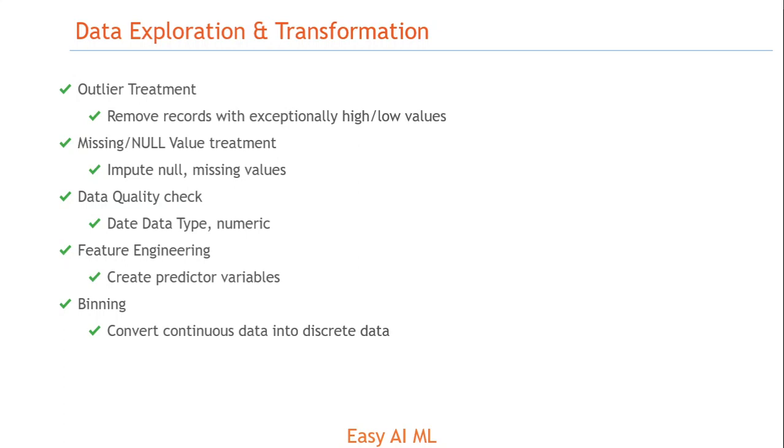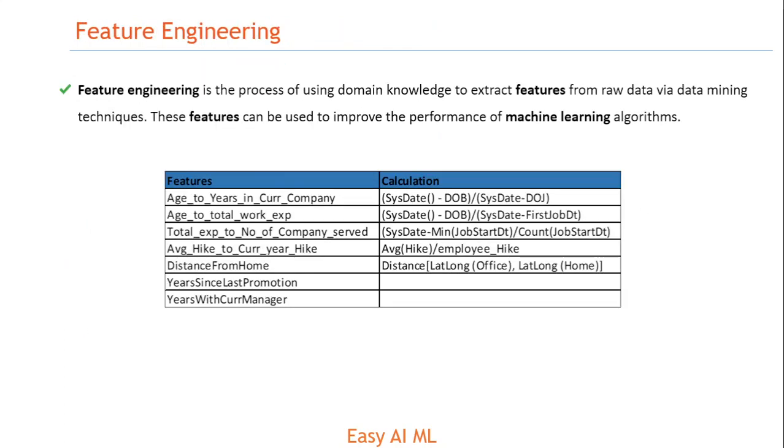Feature engineering is creating calculated fields that help enhance predictability of the model. Binning is converting continuous values into categorical values to help enhance predictability of the model. We will understand the feature engineering and binning in detail. Let us understand feature engineering.